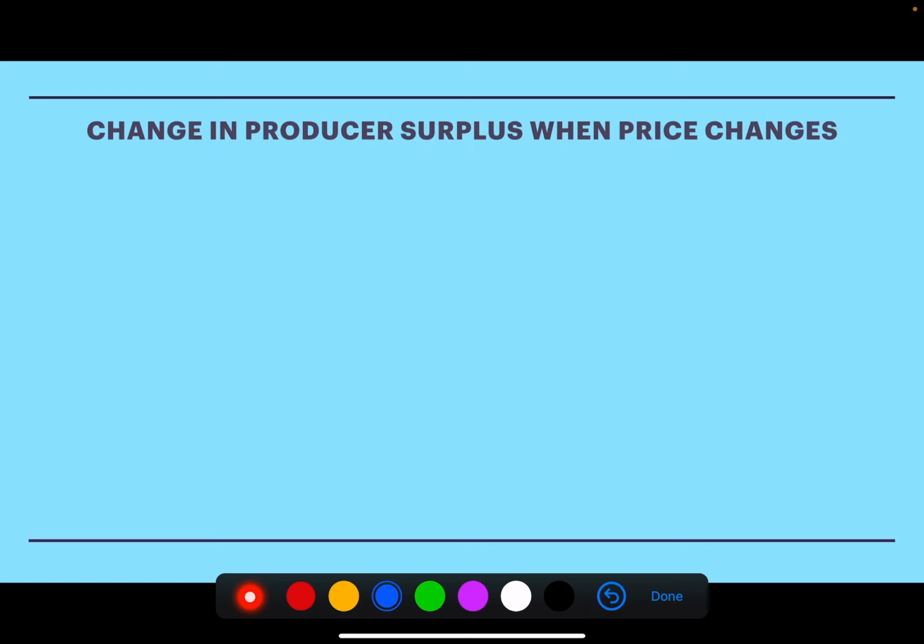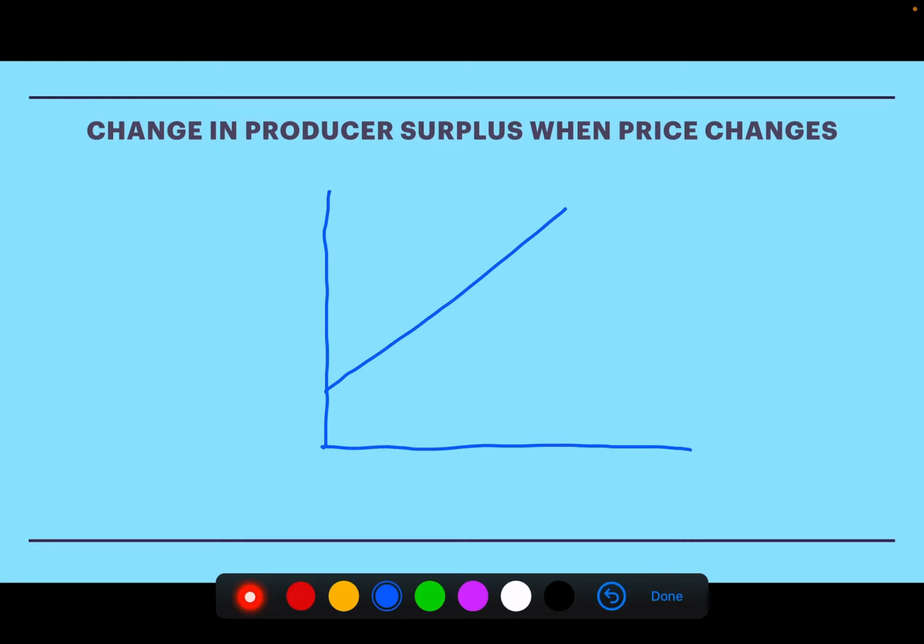Right, so just as we did with consumer surplus, we're going to have a look at producer surplus and what happens to producer surplus when the price changes. So we'll have our supply curve, price and quantity, because remember we always have to label everything. So our producer surplus, when price is P1, is going to be the blue area.